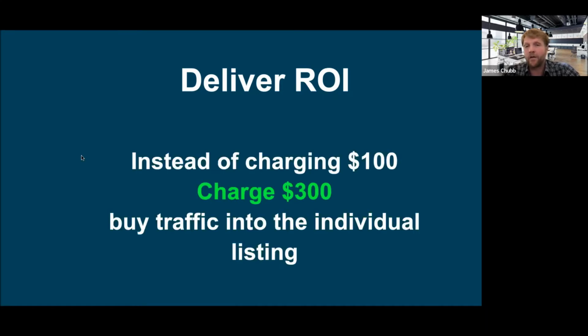One idea that works really well is to think about what you're charging. If you're charging $100 for a listing, maybe increase that and charge $300. Then you can take that extra money and actually buy traffic that goes right into those individual listings. The customer that bought a listing from you is going to see that traffic come in, get some leads, and that gives them some ROI.